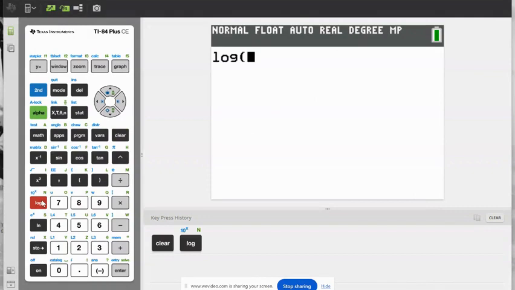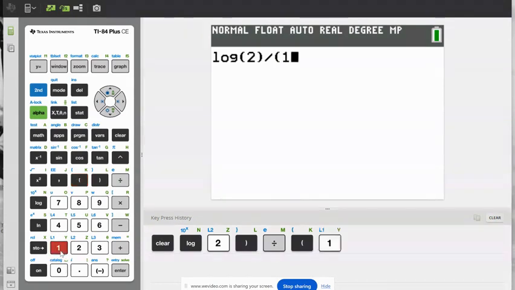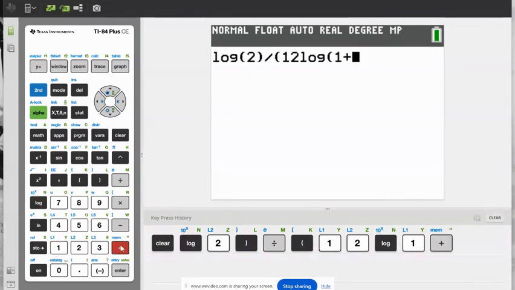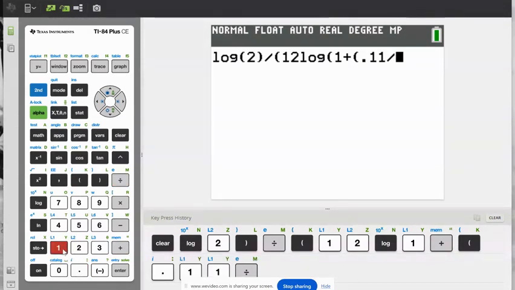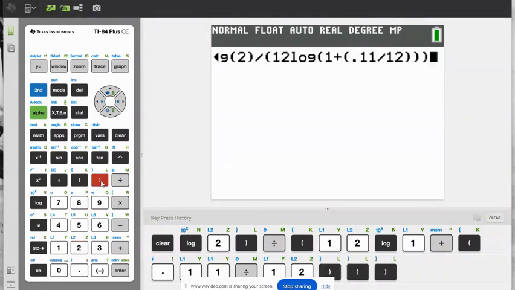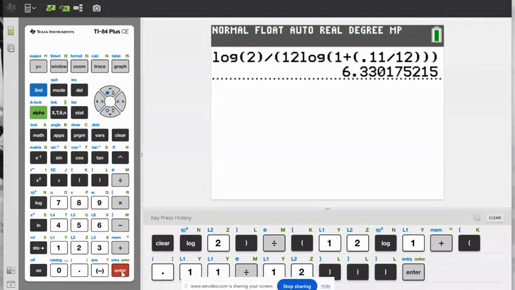We're going to press log of 2, close it, divided by, now I'm going to open my parentheses, and I'm going to have 12 log of 1 plus, I'm going to put this in parentheses too, even though I'm not sure if I need it or not, divided by 12. And then I'm going to close all of my parentheses and press enter.